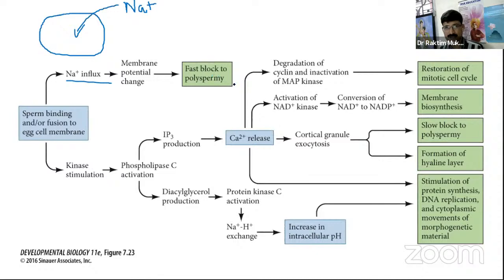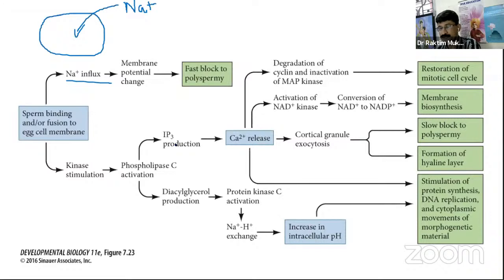In addition, the sperm binding or fusion to the egg cell membrane also leads to kinase stimulation. Kinases in turn will activate phospholipase C. Phospholipase C has two downstream pathways: one is diacylglycerol, DAG, and another is inositol triphosphate.